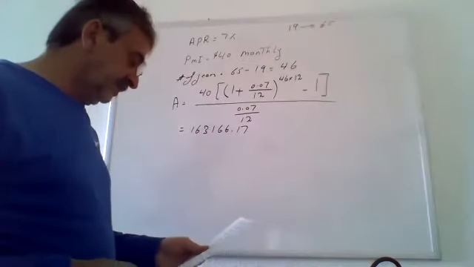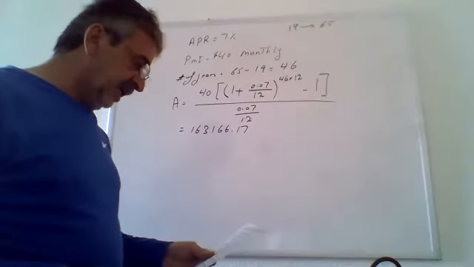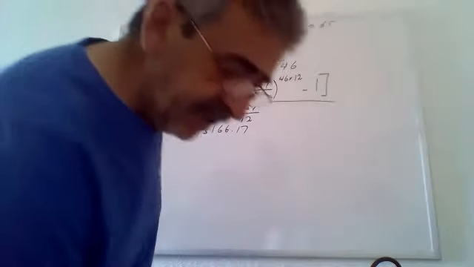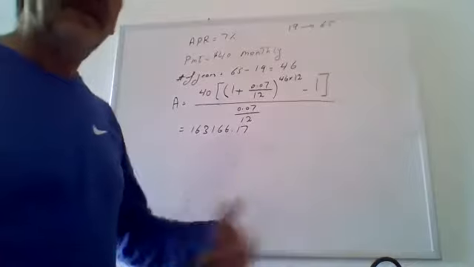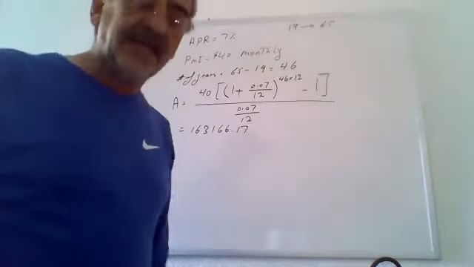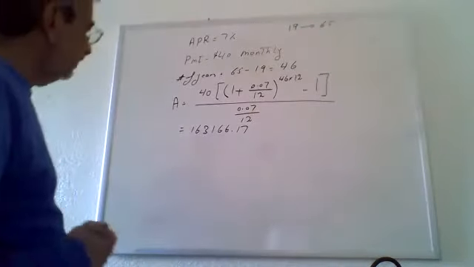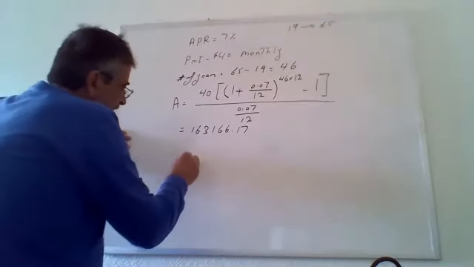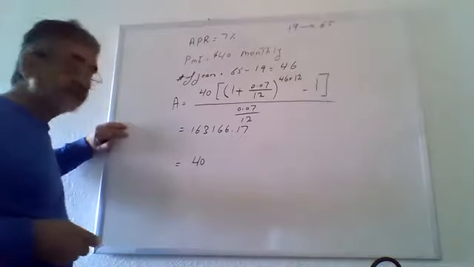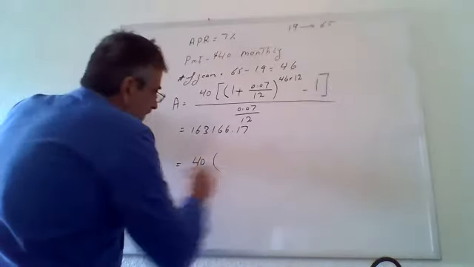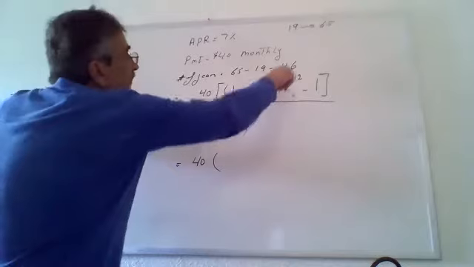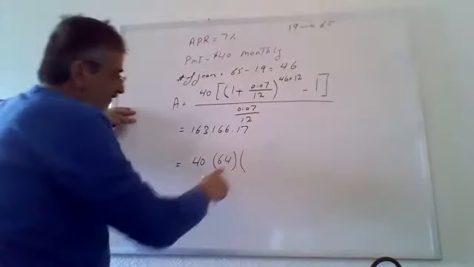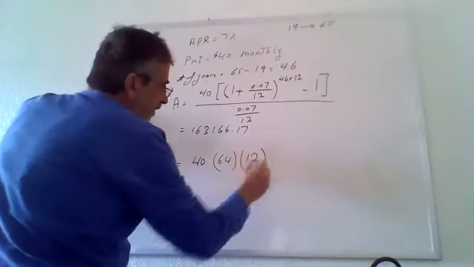Another question in there asks, what is the total deposits made over the years? So how much money did he put in out of his own pocket? To figure that out, we know he put in $40 every month, yes? For how long? 46 years. And every year has how many months? 12.